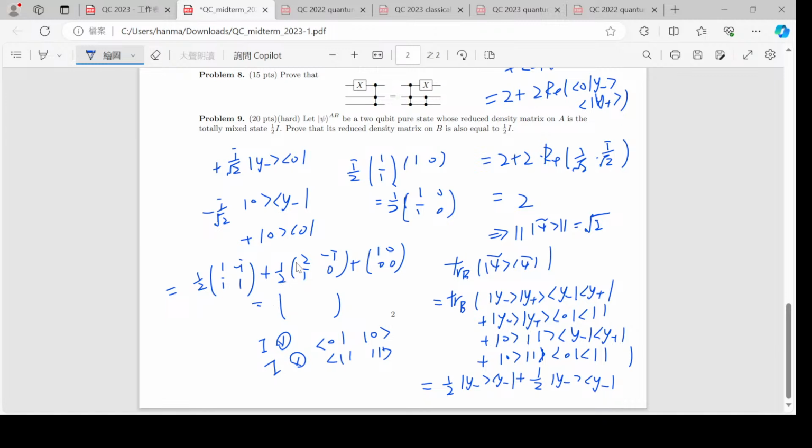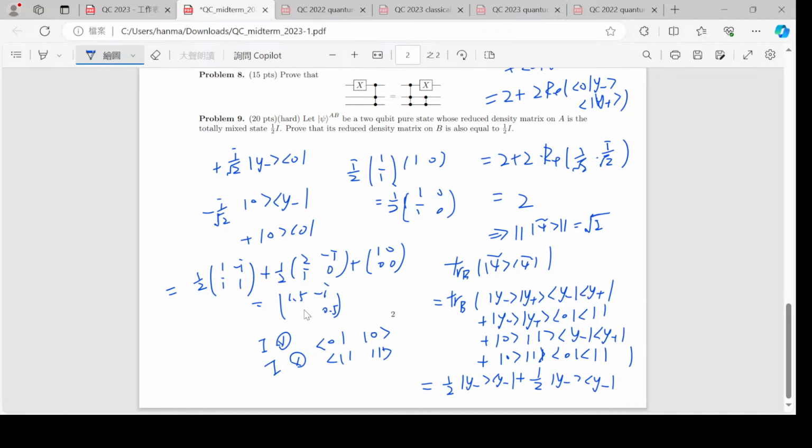I think I don't need a 1 over 2. Oh, do I? So it's 1, 1, and okay, so it's 1.5 and 0.5 here. Then we have this 1 over 2 to cancel out.